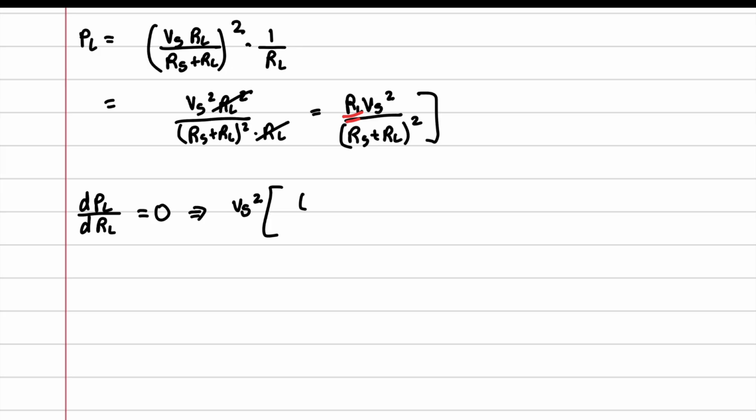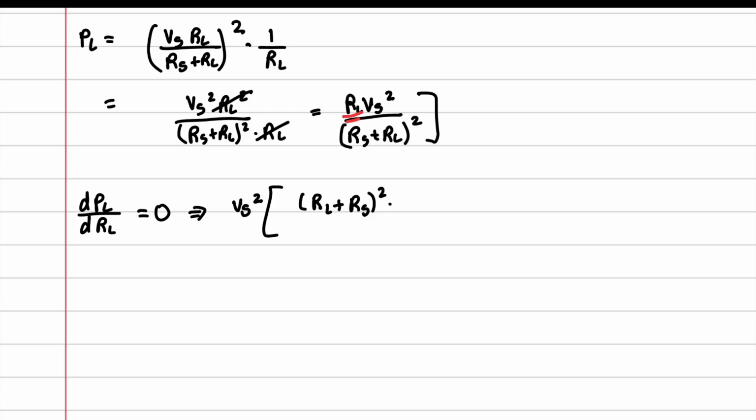Anyway, so we're going to do the lows, and we're just going to keep it the same. And the low is just RS plus RL squared. And we're going to multiply by the derivative of the top.